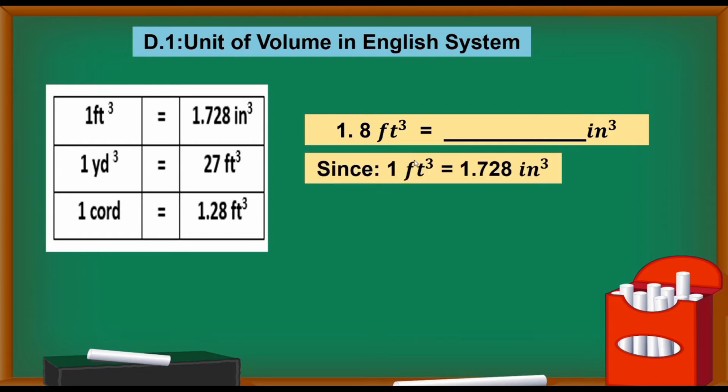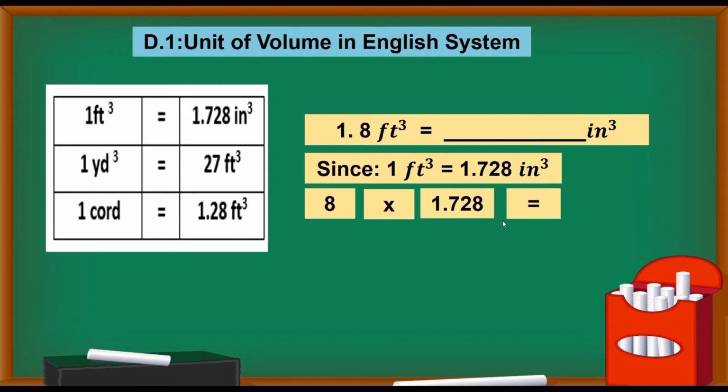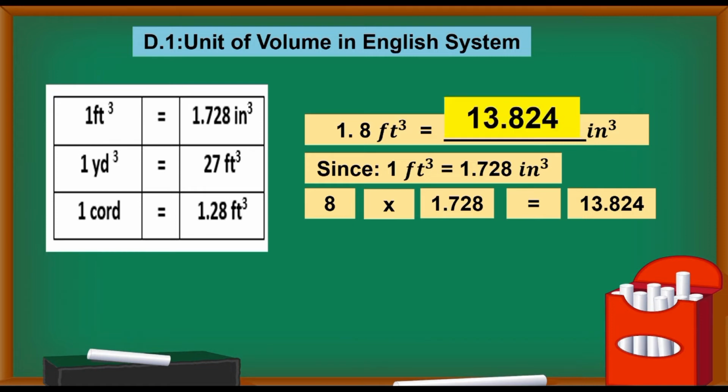Since ang 1 feet cube, ayan, parehas na unit, is equal to 1,728 inches cube, imumultiply po natin yung 8 kay 1,728 inches cube, and that would be equal to 13,824. So, therefore, in every 8 feet cube, there is 13,824 inches cube.